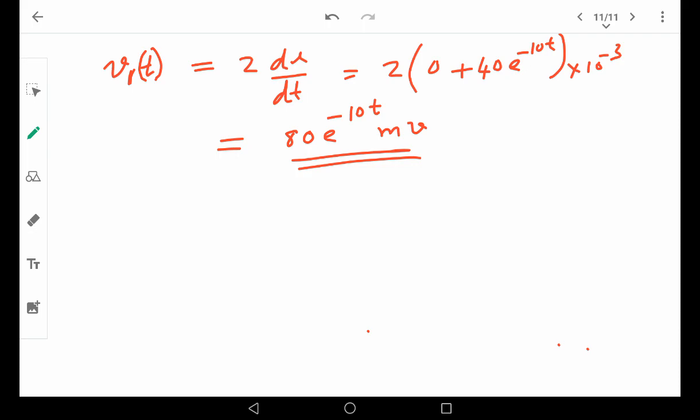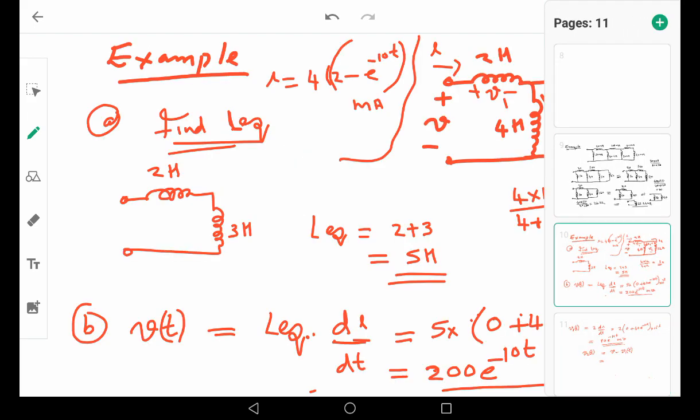If you are asked to find out what is V2, V2 you can say that V2t equal to V minus V1t using Kirchhoff's law, right? V minus V1t is V2t, right? So you can write what is V. V already obtained as 200 e raised to minus 10t, right?